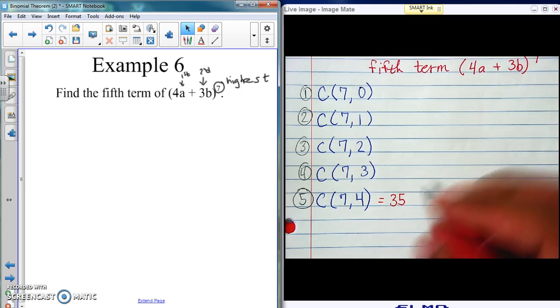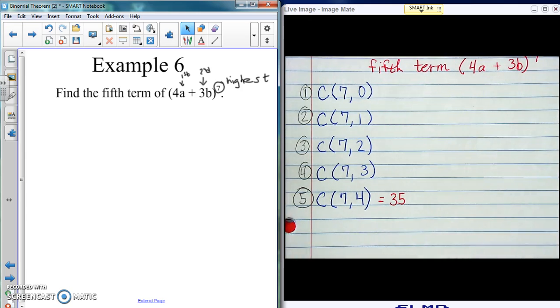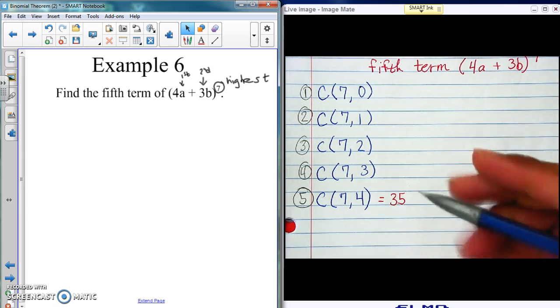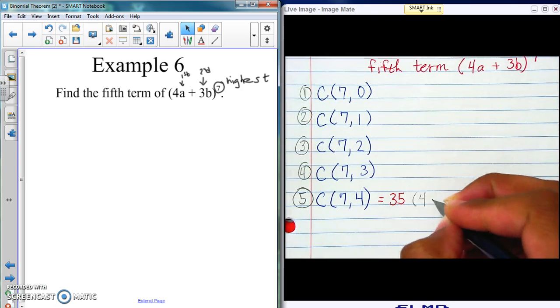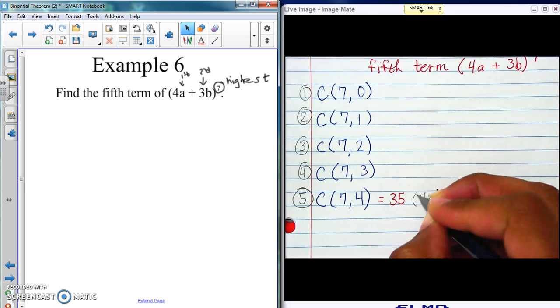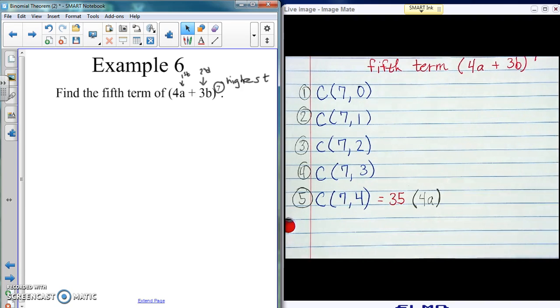Okay, so again, like we've been doing this whole time, we write down the first term. That's 4a. And we write down the second term, which is 3b.